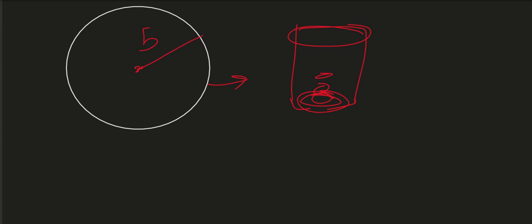And then if I get the volume of that figure, the final volume of that figure would be 250 units. How many circles do I need?